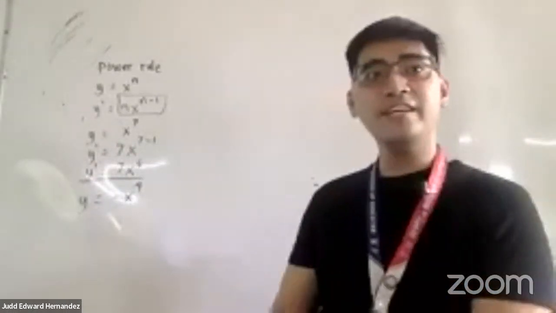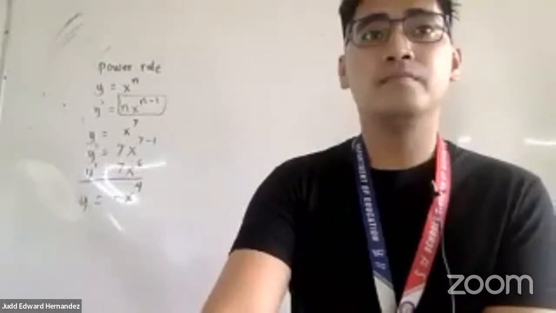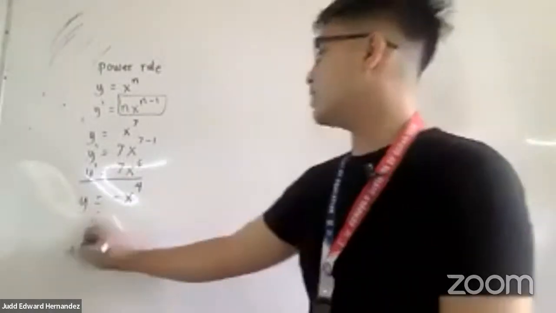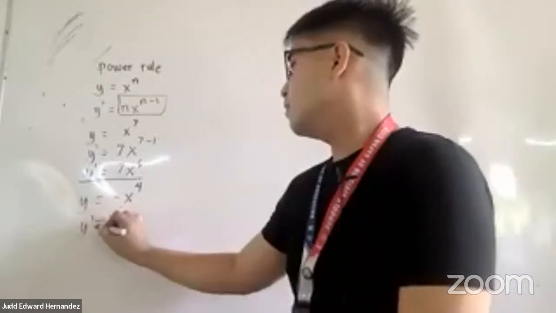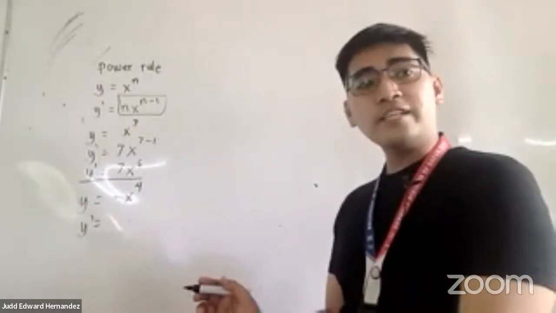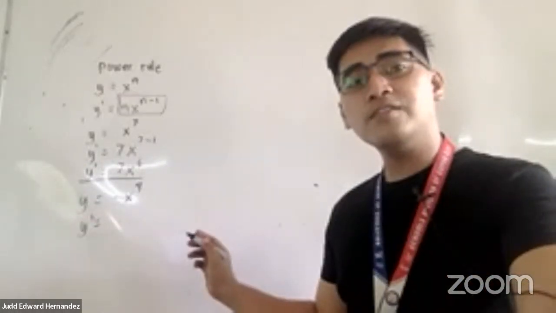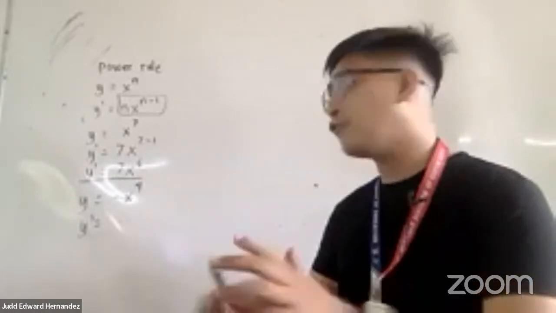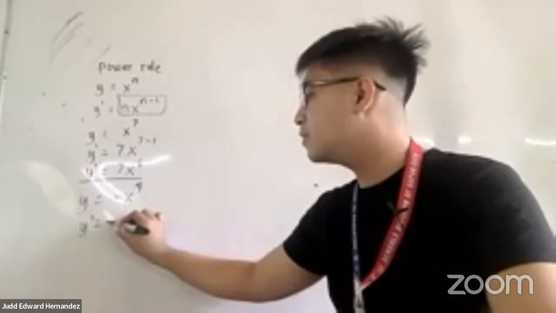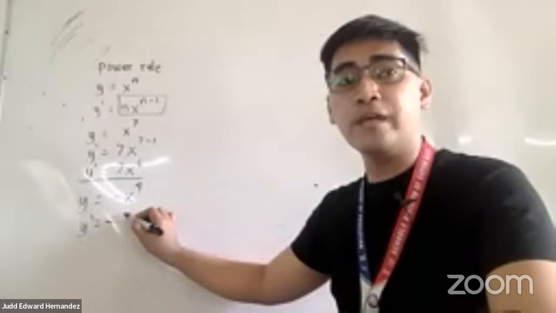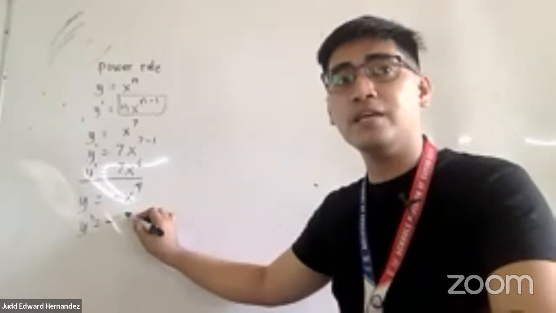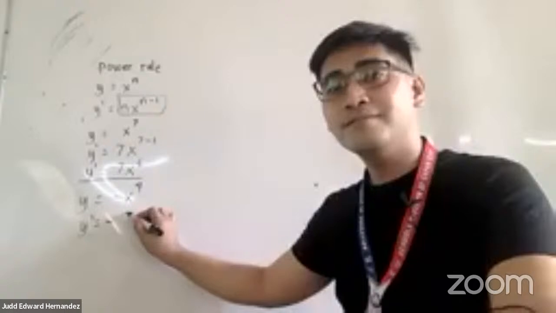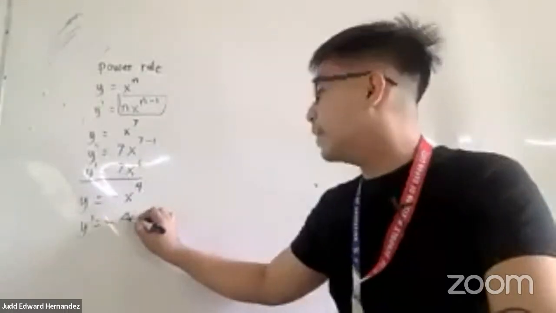Yes, John Ree. Yung magiging derivative po niya is y prime equals negative 4 x raised to... Wait lang, John Ree. Isa-isahin natin. Sabihin mo sa akin yung bawat step. Okay. Bring down the exponent. What happens? It becomes negative 4.